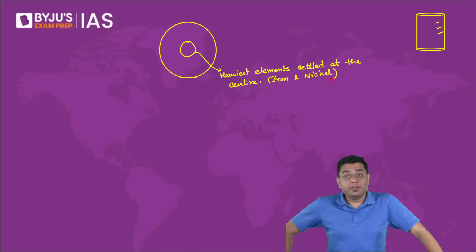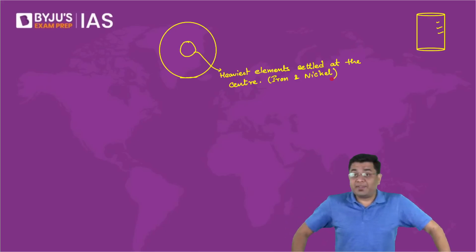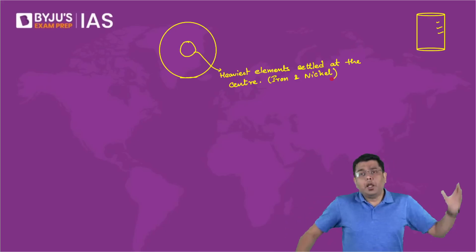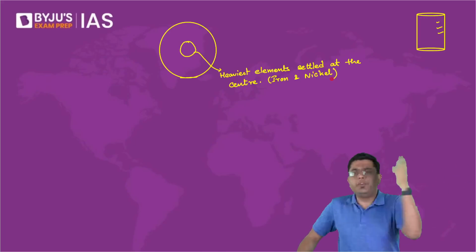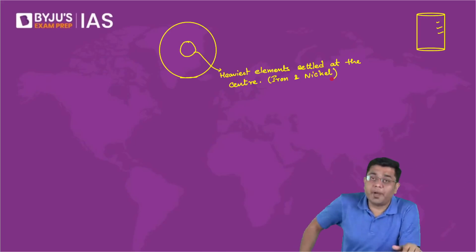But then, the solar system was not as stable as it is today. You still had a lot of small planetesimals which would move around in each other's orbit.